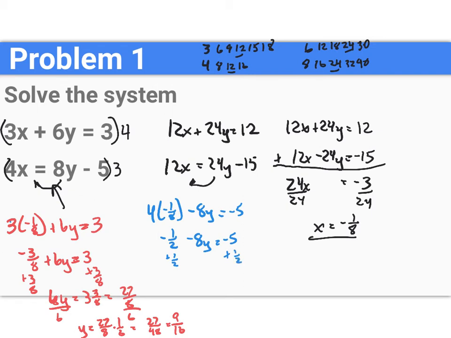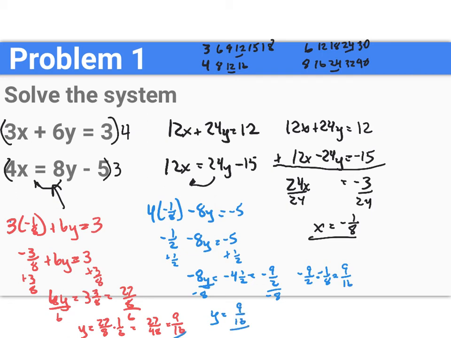Negative 8y equals negative 4.5, which converts to 9 over 2. Divide both sides by negative 8. And I get y equals negative 9 over 2 times 1 over 8 gives me 9/16. Y equals 9/16. I get the same number.